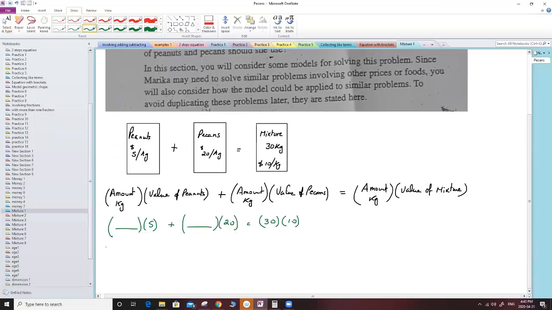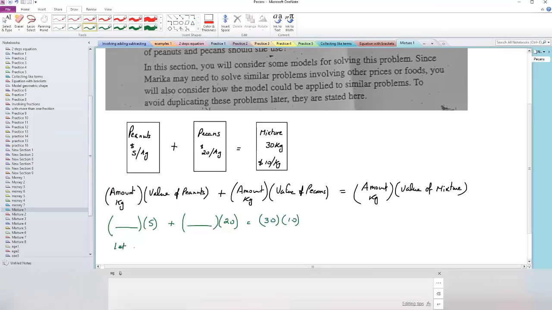So I'm going to call x the amount of, we're going to choose peanuts, for example. So what about the amount of pecans? I need to use something related to that variable x.